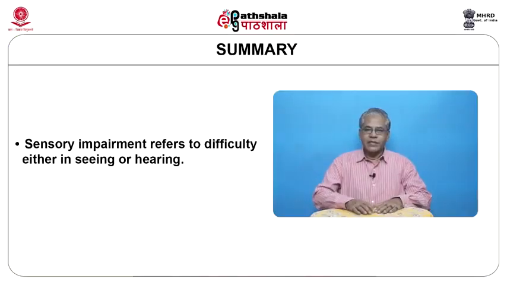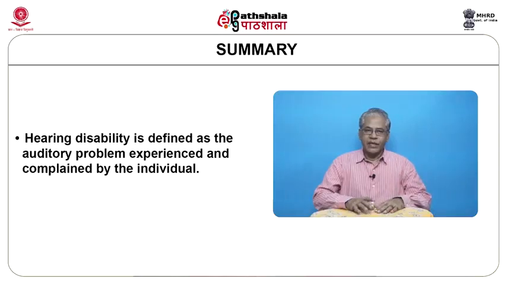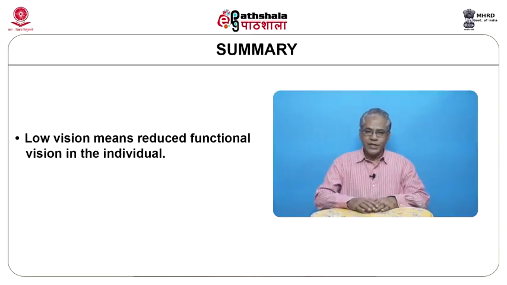Let me sum up. Sensory impairment refers to difficulty either in seeing or hearing. Hearing disability is defined as the auditory problem experienced and complained of by the individual. Low vision means reduced functional vision in the individual.